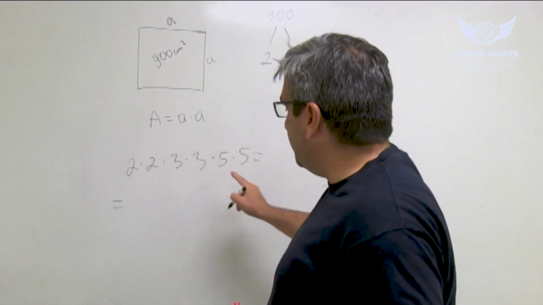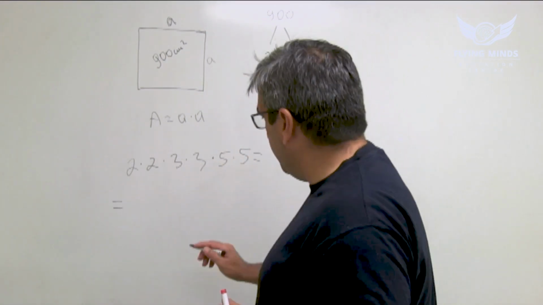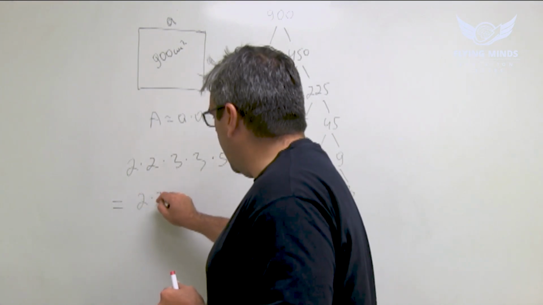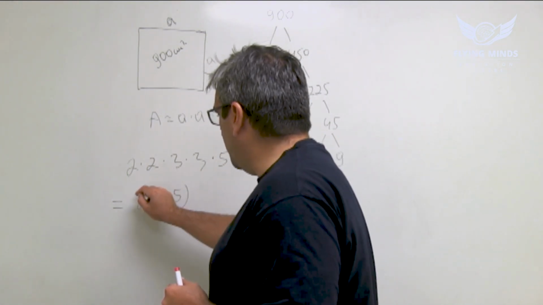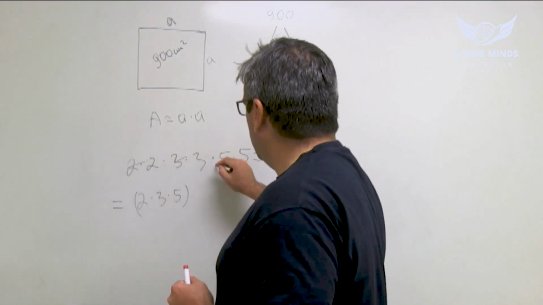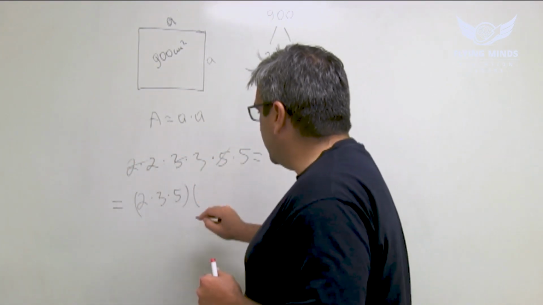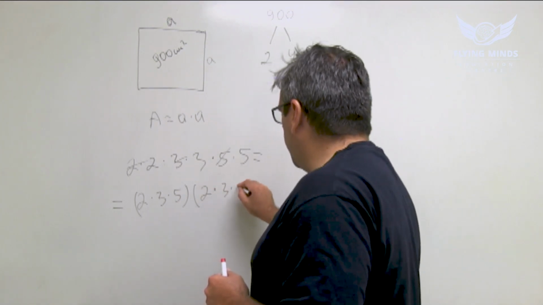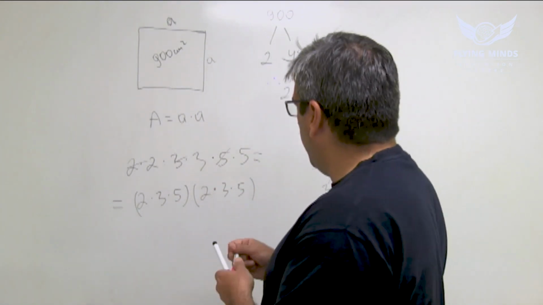And we can see that each factor we have twice. So we can group them as 2 times 3 times 5 in one group, and the second group will be 2 times 3 times 5, right?